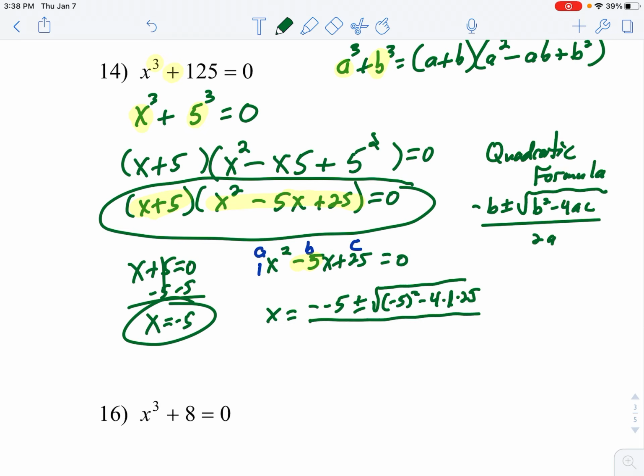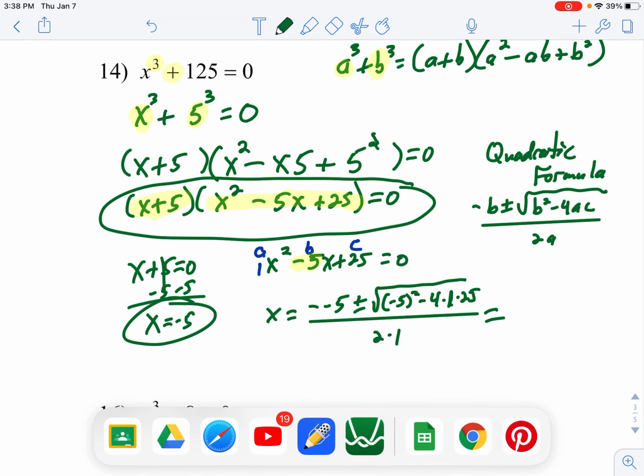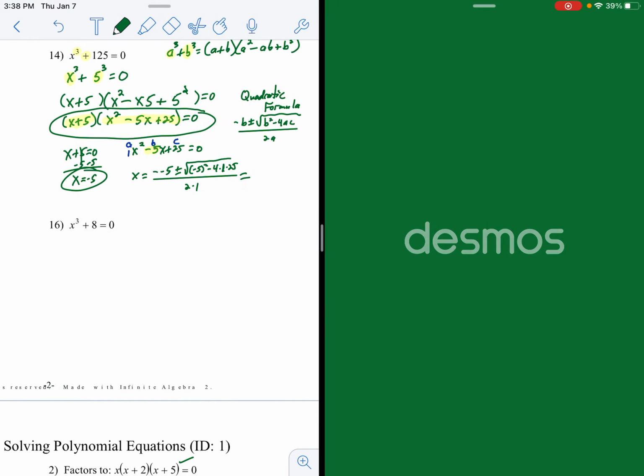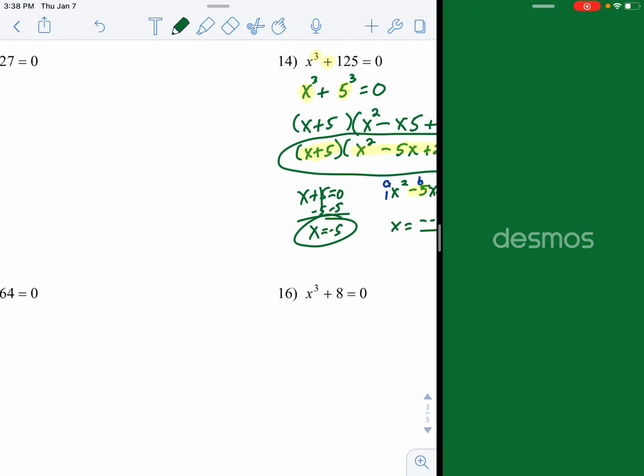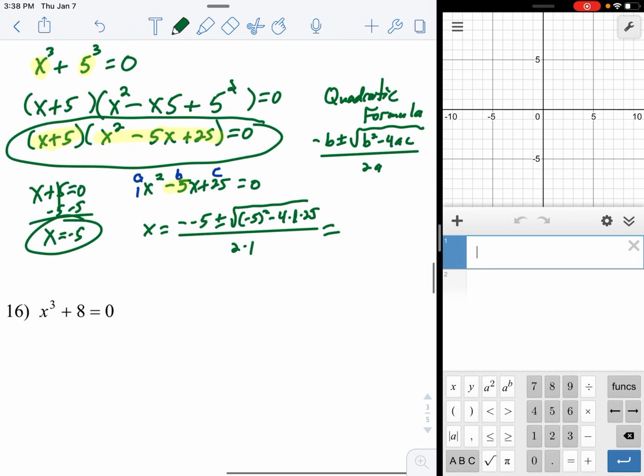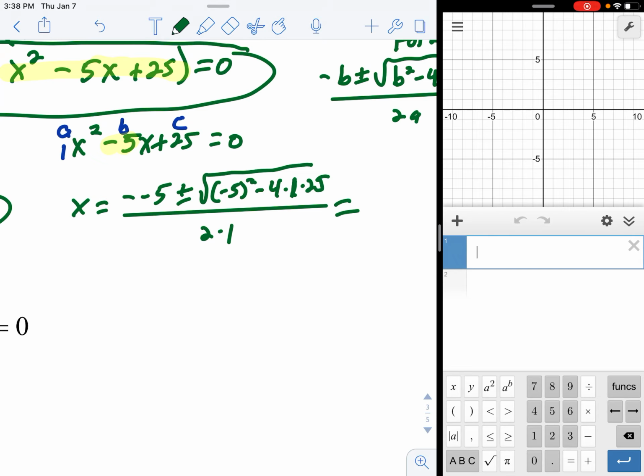All over 2 times 1. And then we need to simplify that, and boy, I'm not going to do this in my head. I'm too paranoid of making mistakes. So that part under the square root, remember that was called the discriminant. I don't know if you recall that, but I'm going to do this on the calculator all together.